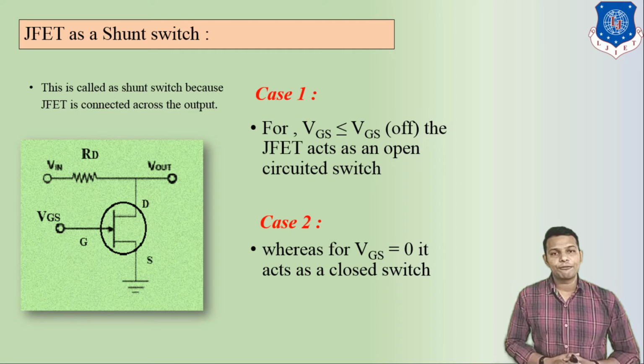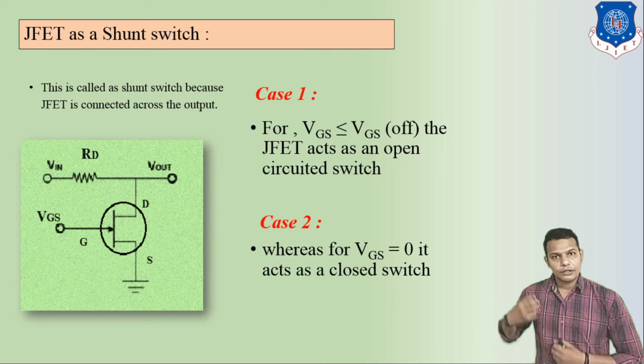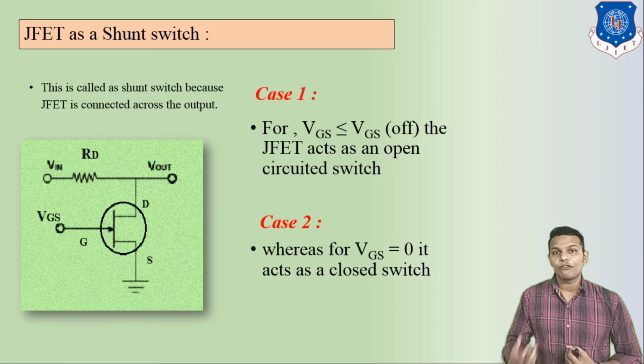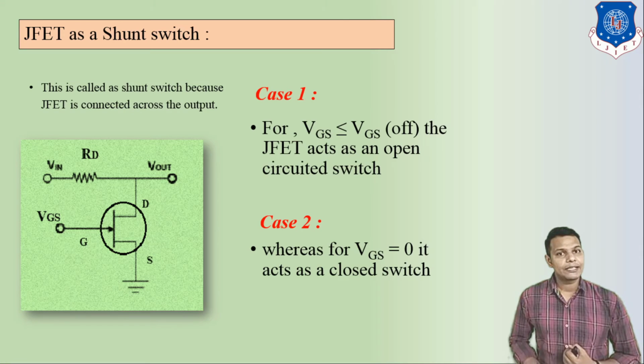Now here we can see case number 2. If we apply VGS equal to 0, the depletion region is initially generated, so there is a flow of current, or drain current. So there is a closed switch.